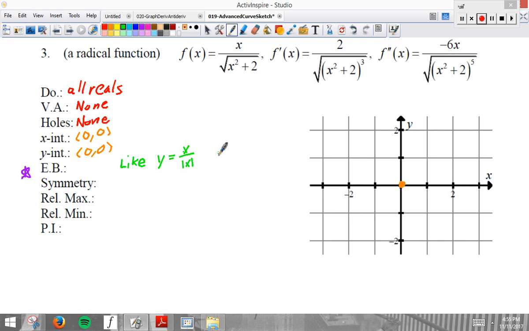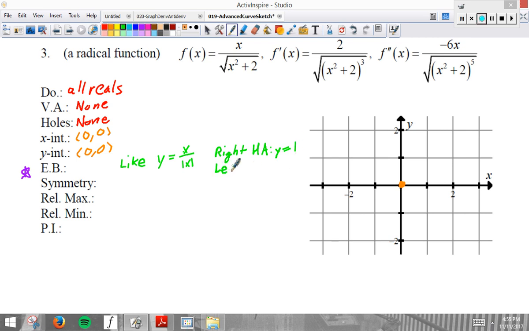So we have a right horizontal asymptote. When we're far to the right, a big giant positive number, positive 100 over positive 100, a right horizontal asymptote at y equals 1.